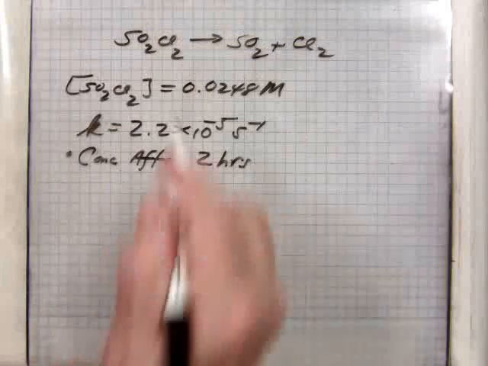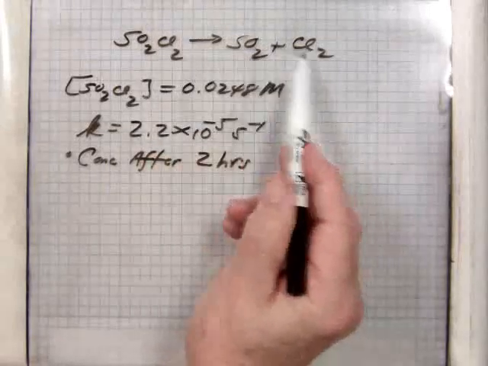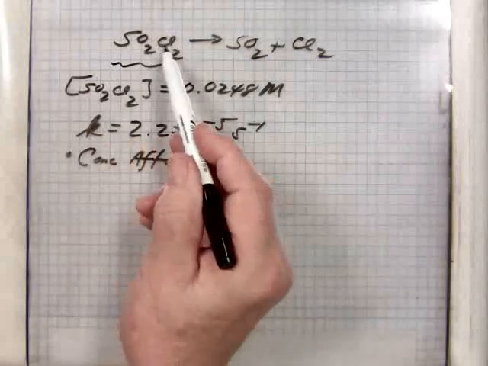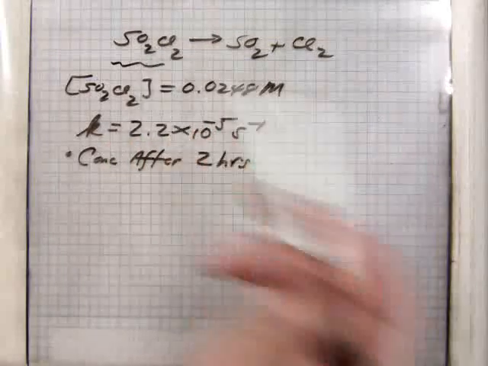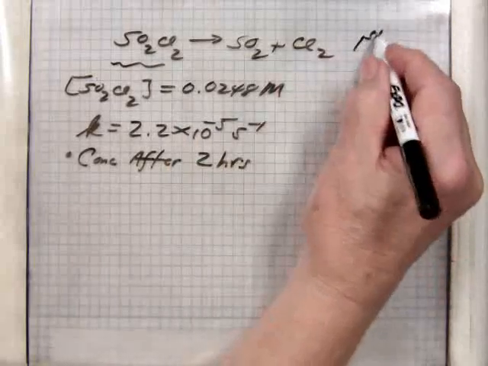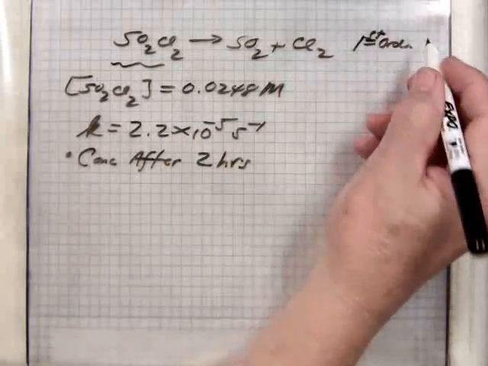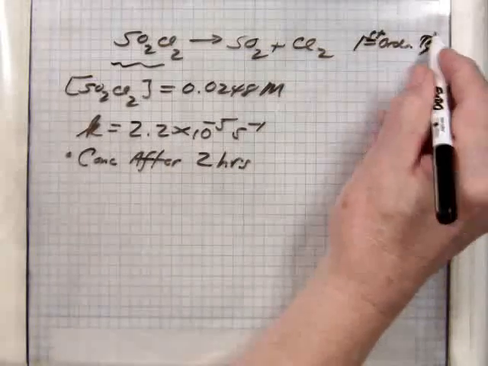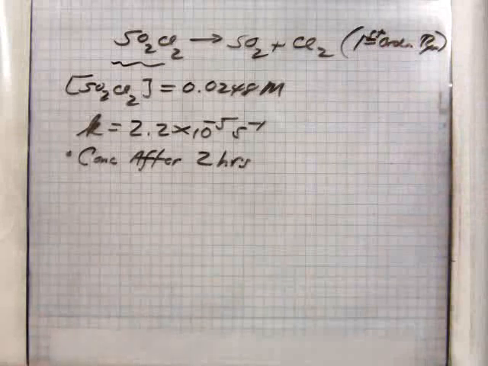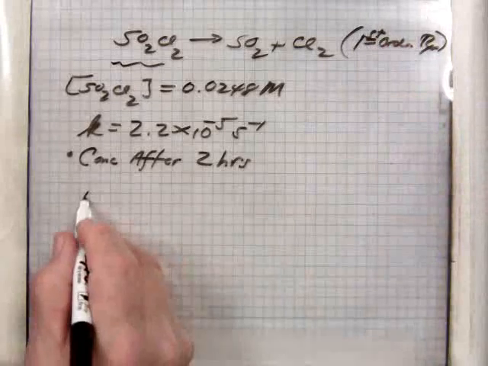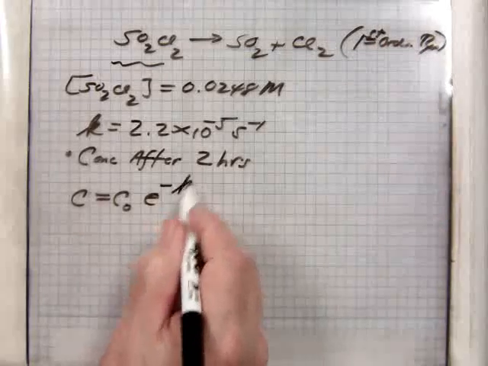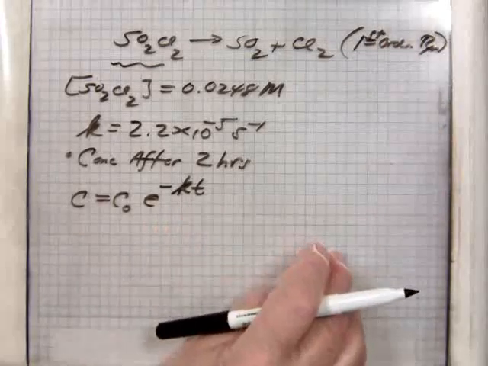Okay, so we're given the sulfuryl chloride decomposes. So what we're looking at is, we're starting with a concentration, and we're going to a final concentration. And this is given in the problem to be a first order reaction. So if that's true, then we'll use the first order decay equation, and we'll simply go C equals C sub O e to the minus kt, like that.